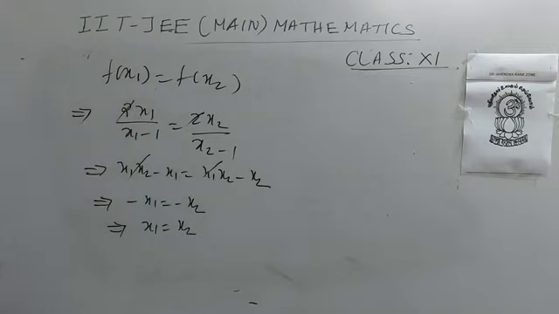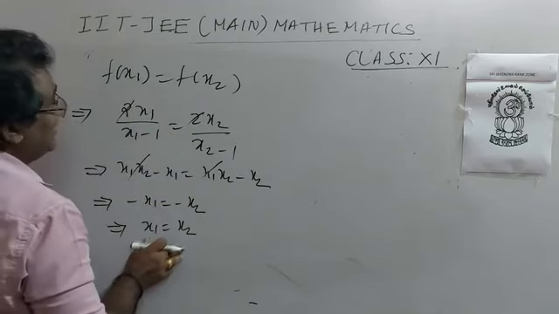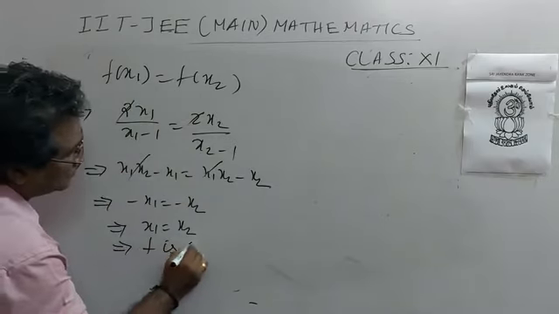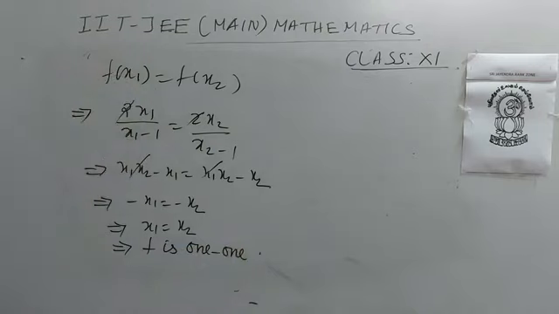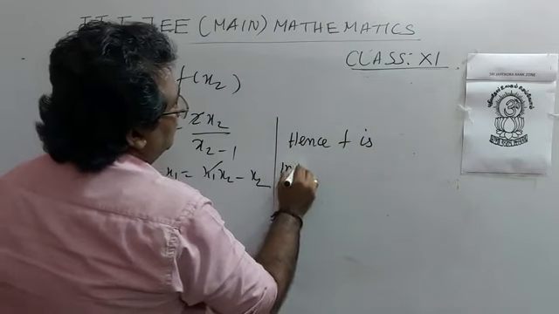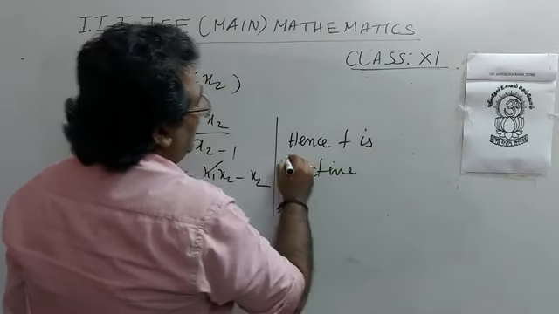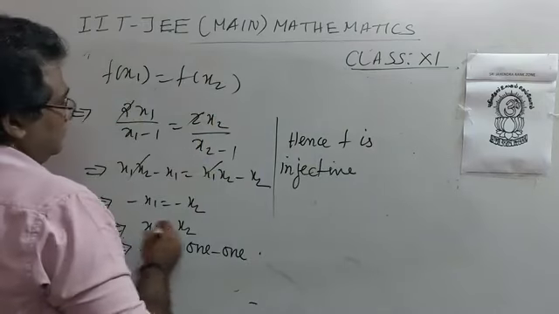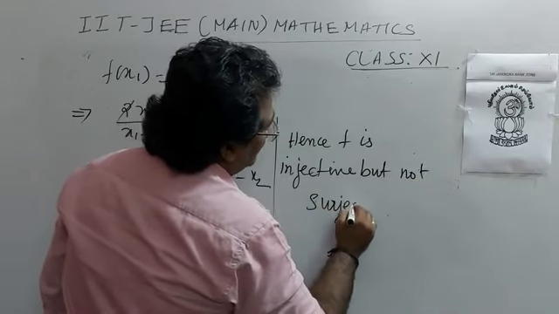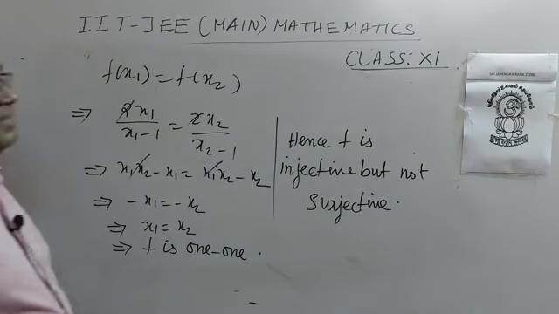Since equal images have equal elements, different images have different elements, which implies f is one-one. So f is injective, but not surjective.